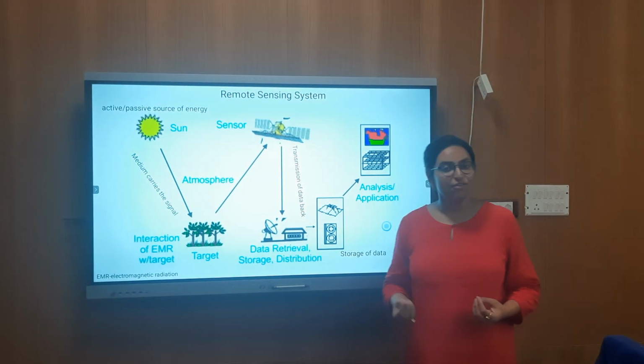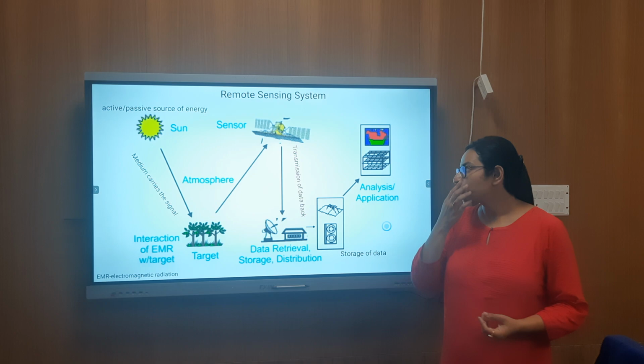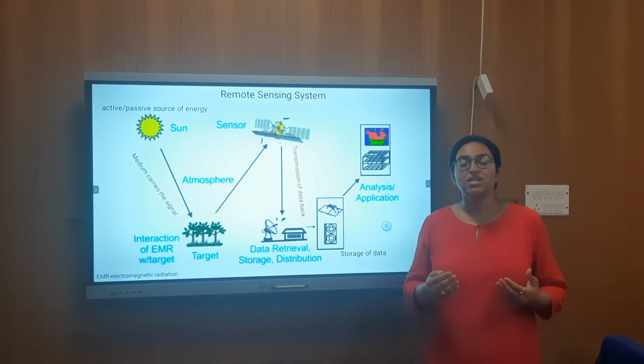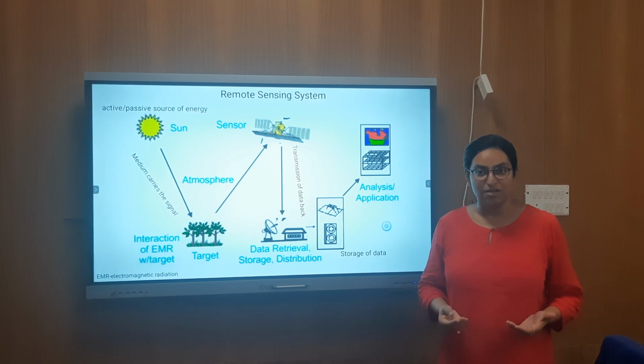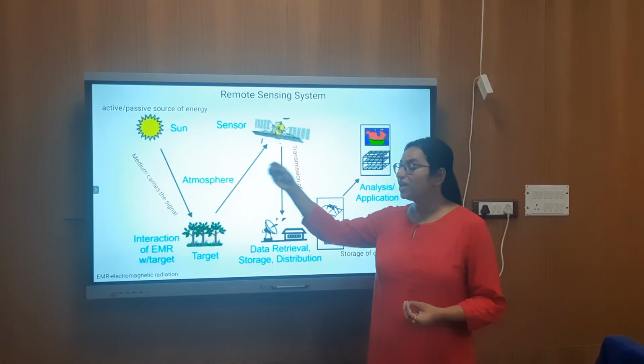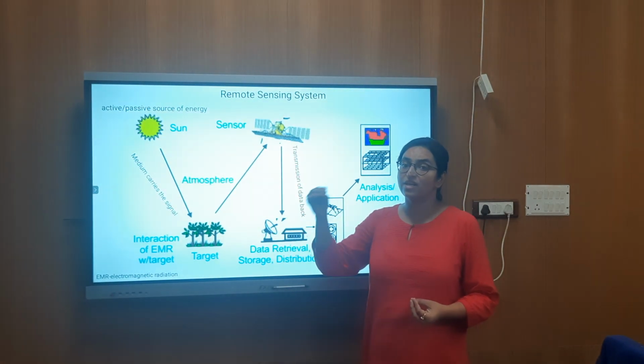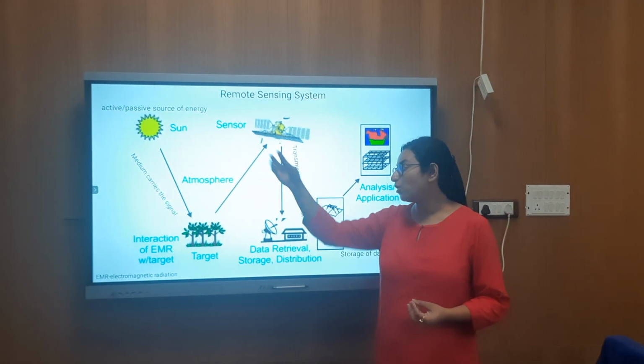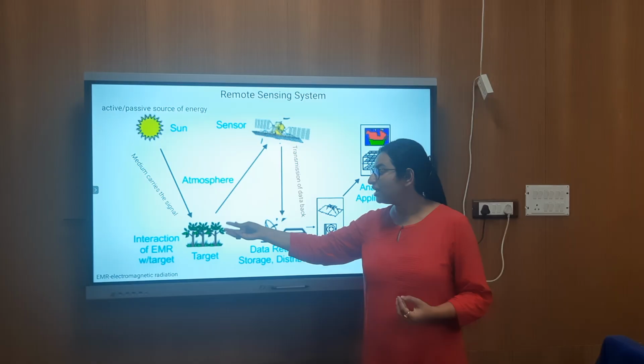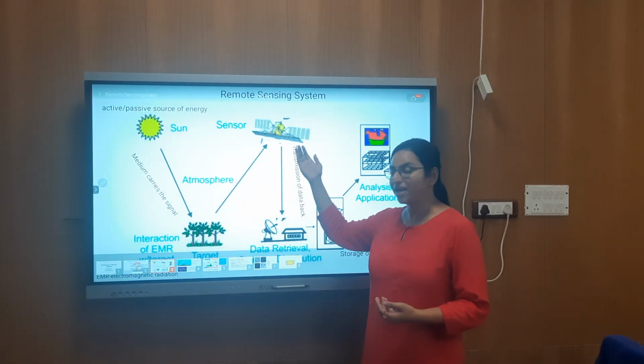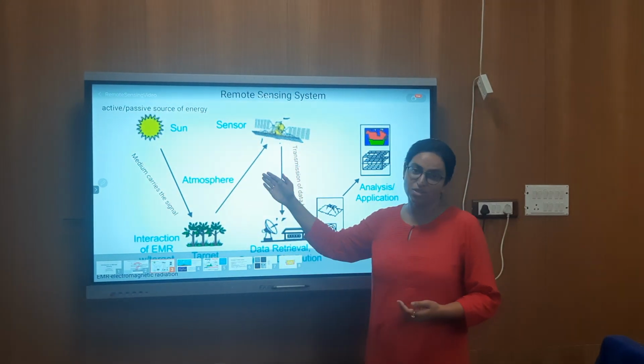And what is an active source of energy for remote sensing? Suppose in the case of synthetic aperture radar, we send the radiation to the object of interest, and that illuminates the target and reflects back, and we catch it in our sensor.